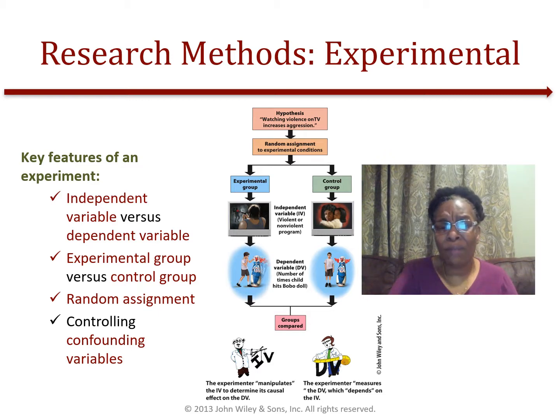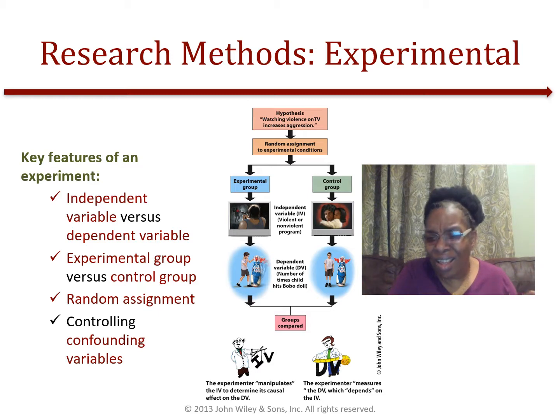We also have to take a look at the confounding variables. These are extraneous types, such as if we have to contend with the time of day, lighting conditions, we have to take a look at participants' ages or genders.